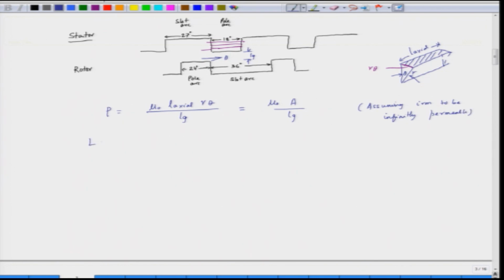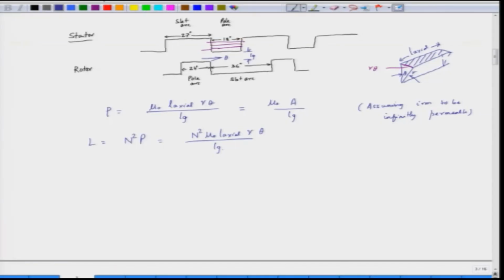So, what about the inductance? Inductance is nothing but N square into permeance. So, that is equal to N square mu naught L axial r theta by L g. So, what we find here is that as the rotor comes under the stator, there is a gradual increase of the inductance, and the inductance is given by L minimum plus N square mu naught L axial r theta by L g.